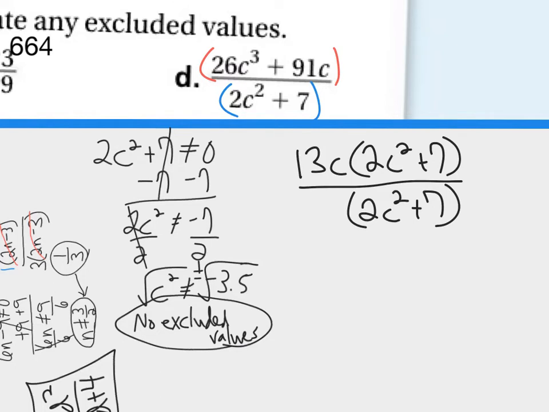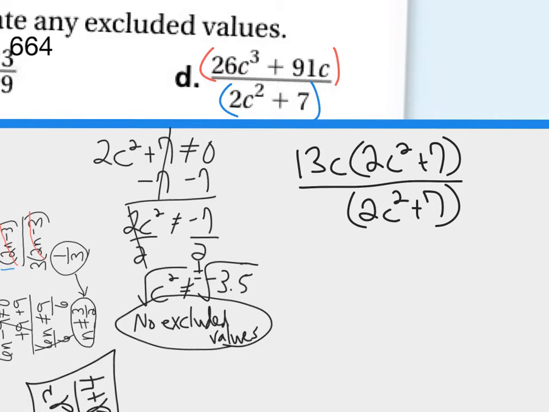So what I would do is try to put the 2c squared plus 7 in the numerator and think about, is there a number I could factor out that would give me just 2c squared plus 7? So you could say, what would I need to multiply 2 by to get 26? And then you'd figure out that's 13, and that would lead you into factoring out that 13c.